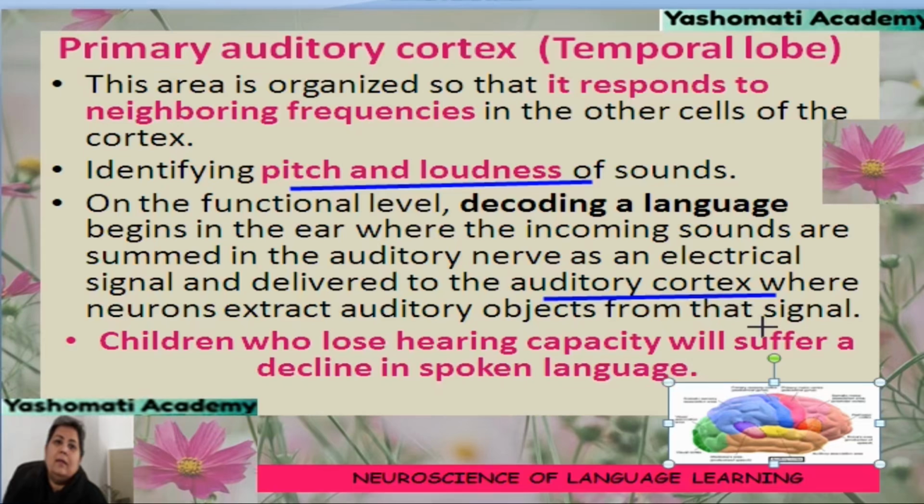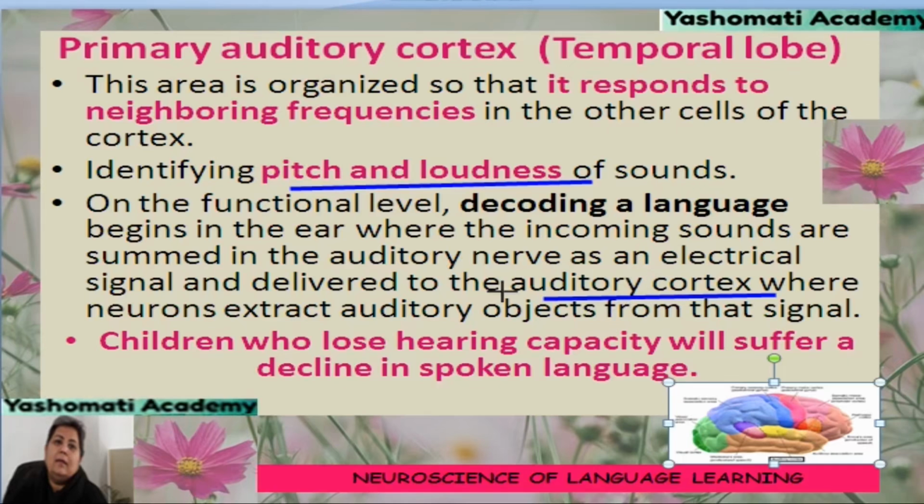And that is how we get to hear the sound. So that means that three parts are very important: the ear, which helps us to hear; the auditory nerve, which is taking the stimulus from the ear to the auditory cortex; and third, the auditory cortex, which is responsible for understanding the electrical impulses and converting them into sensory impulse.